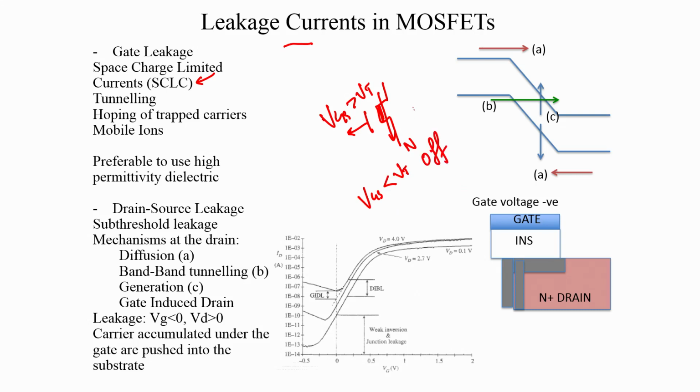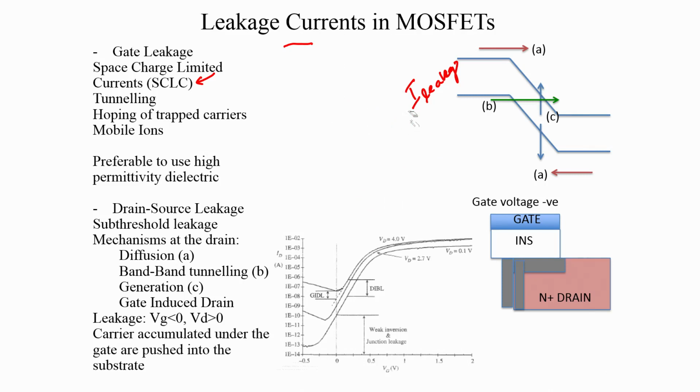We want all the currents in the MOSFET to be as low as possible. But in reality that is not the case. We do have leakage mechanisms. You do have a leakage of charge between the drain and source even when V_GS is less than V_T, and these mechanisms contribute to leakage currents. So, what are the different leakage mechanisms?